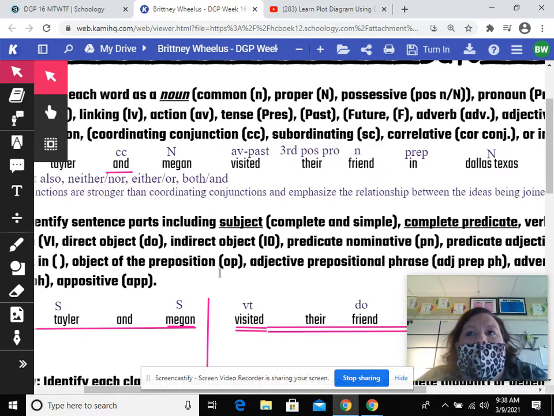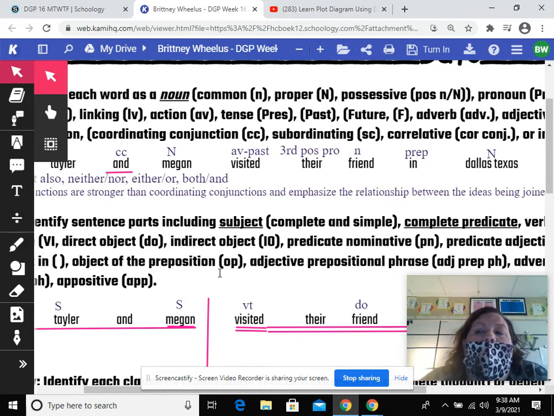There is a third person possessive pronoun. It's showing ownership to friend, okay? It's talking about they and them or their. It's in the third person and it's possessive because it is talking about friend, okay?